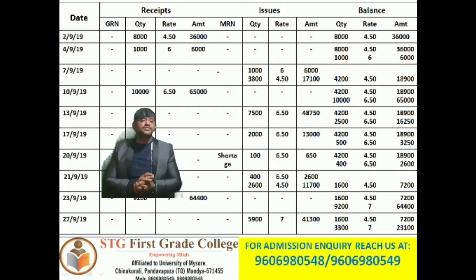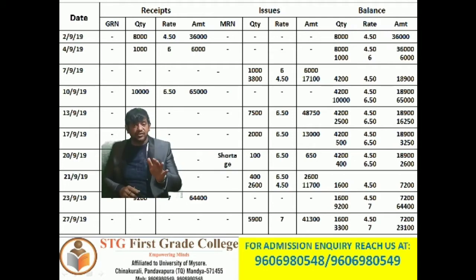On 4th September 2019, GRN nil, again there is a purchase. How many units have we purchased? 1,000 units has been purchased at rupees 6 per unit. So 1,000 into 6, 6,000 rupees. In the issues column, MRN dash, quantity dash, rate dash, amount also dash, since there is no item we have issued.